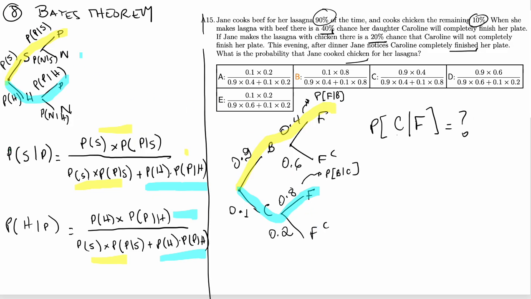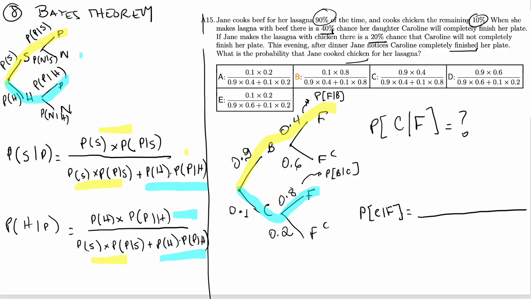So when I'm reversing, when I'm using Bayes, again, you can go and substitute in the formula. Like call S beef, call H chicken, call F the finishing, and call not F the F complement. And then just substitute in the formula.